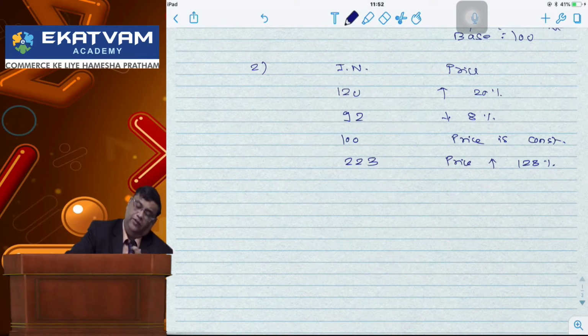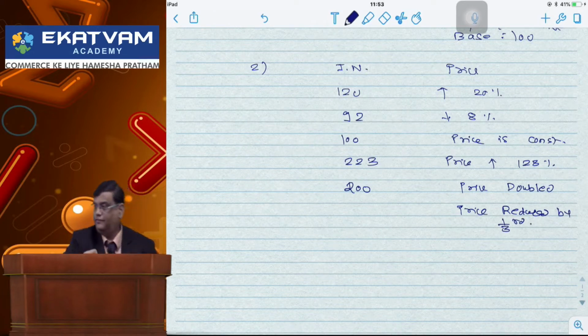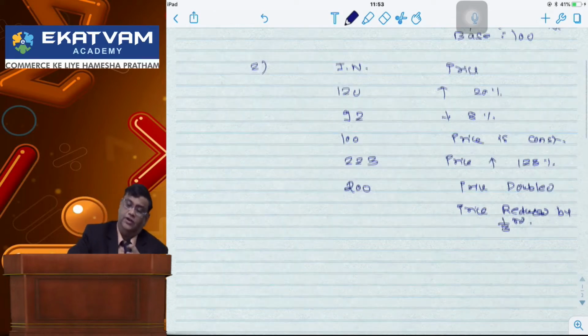Now if I say price doubled, then what will it mean? Then index number will be equal to 200. If I say price reduced by 1/3, not 2/3, then what is the index number?